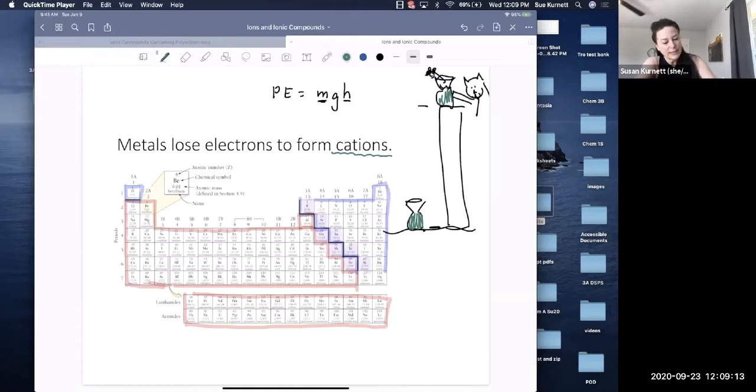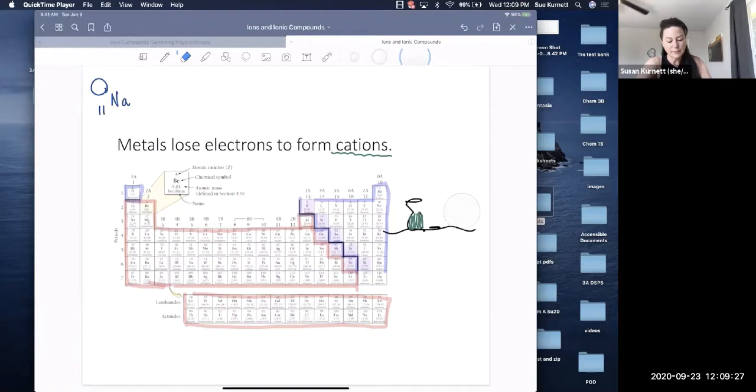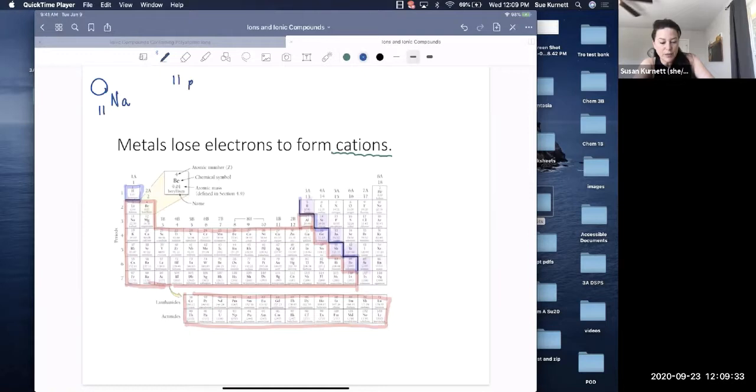So here's sodium. Sodium is element number 11. And there are different isotopes of sodium, so there would be a mass number that could go up there. But if it's a sodium atom, it has 11 protons, which are positive, a plus 11 charge in the nucleus. Some neutrons, depends on the isotope, but neutrons are neutral.